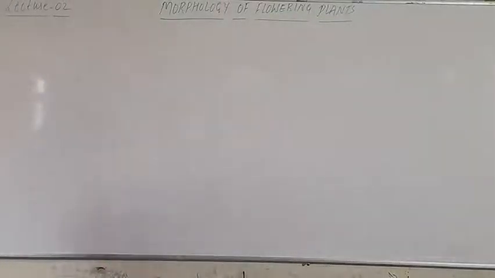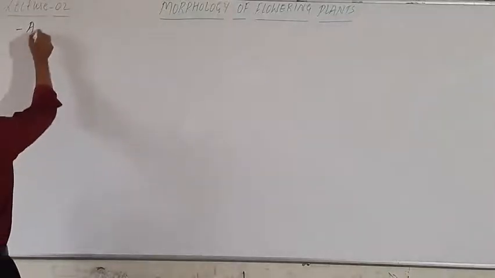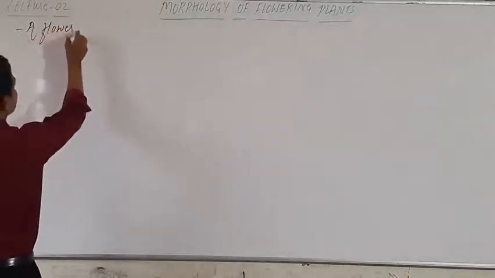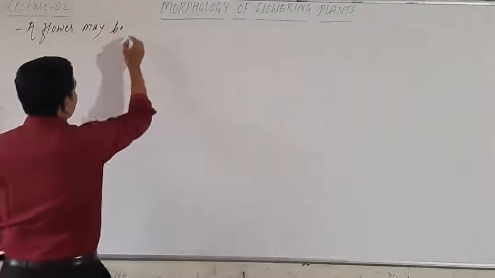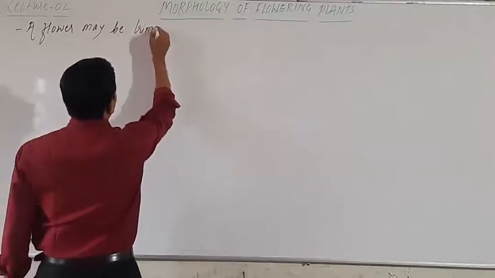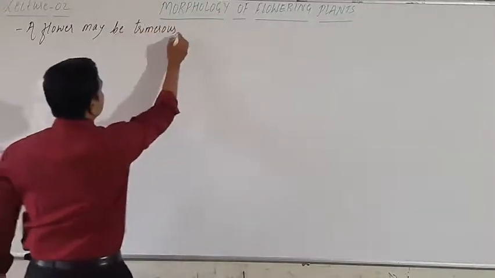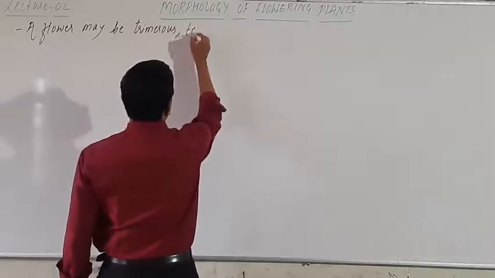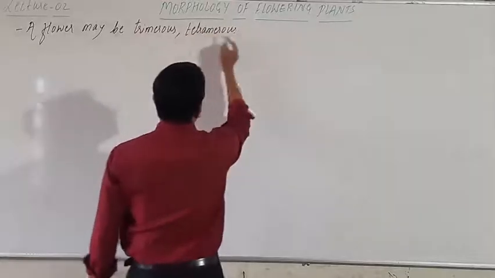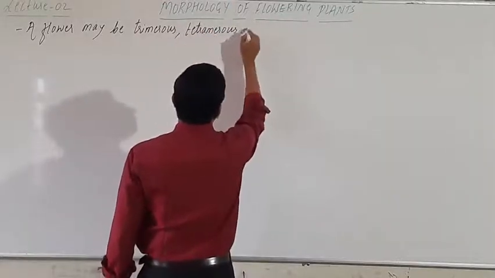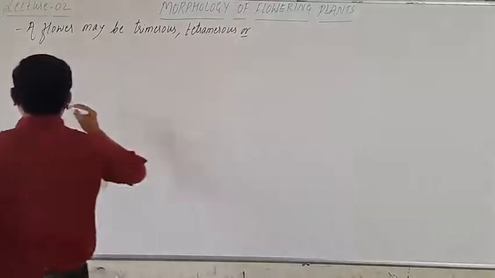Okay. So in the initial part, as we discussed the parts of a flower, a flower may be trimerous, tetramerous, or pentamerous.